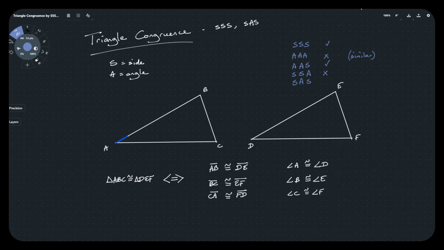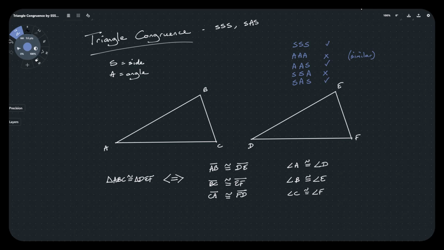I've got AB is congruent to DE, the angle B, that's the next one, is congruent to angle E, and then I've got side BC is congruent to side EF. Well, once I've got those, I've got the start point and the end point. I can only connect those with one line, so then AC will be congruent to DF, which means these triangles have to be congruent. This one works.